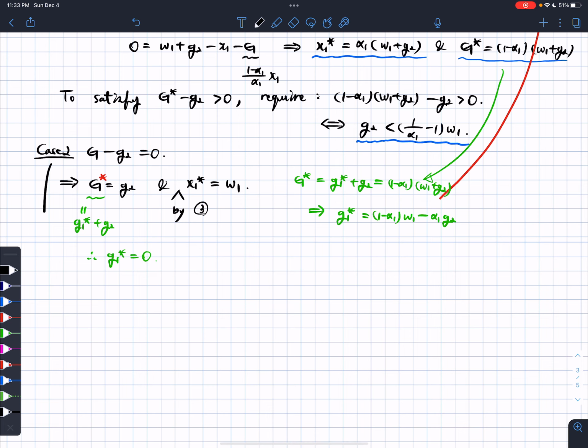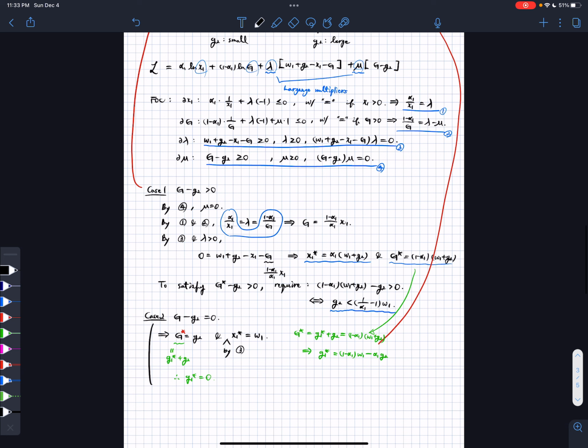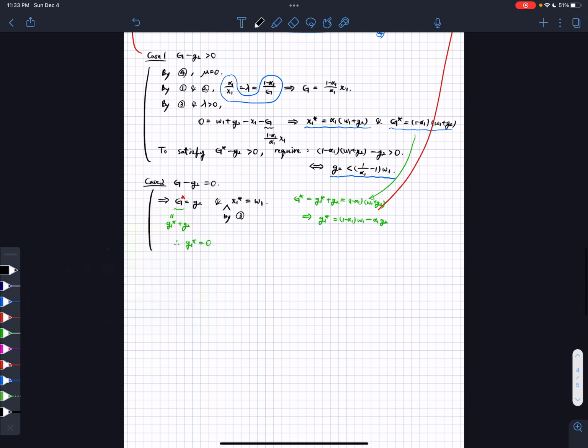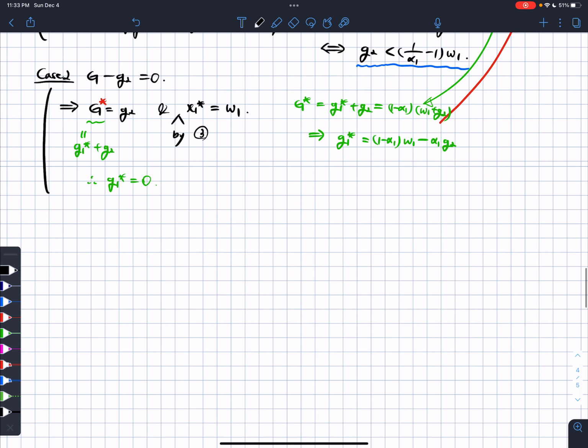Just to summarize, case 1 and case 2 end there, and therefore player 1's best response, call it B1, B for best response, depends on player 2's contribution to the public good, and it can be written like this.